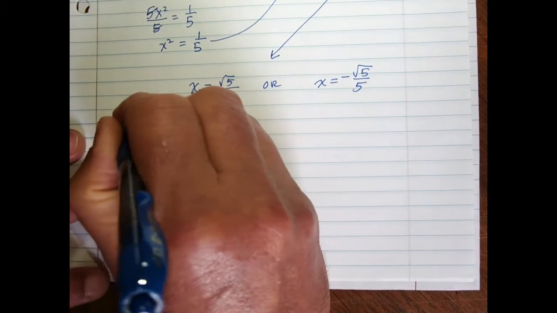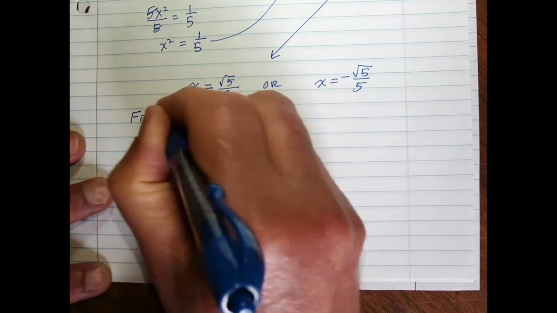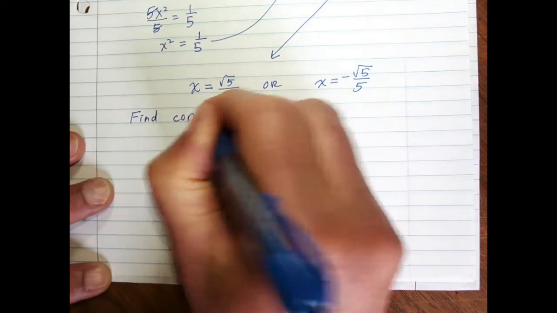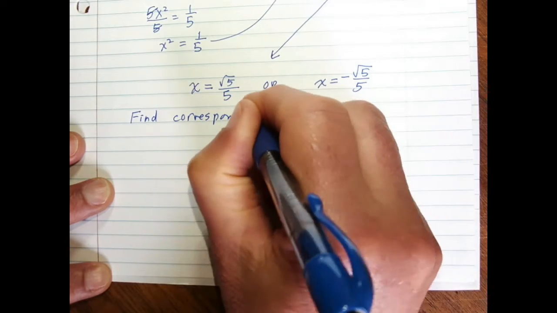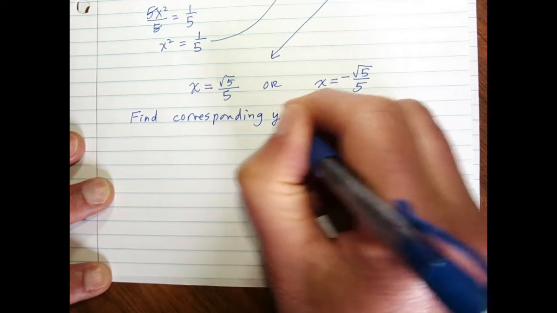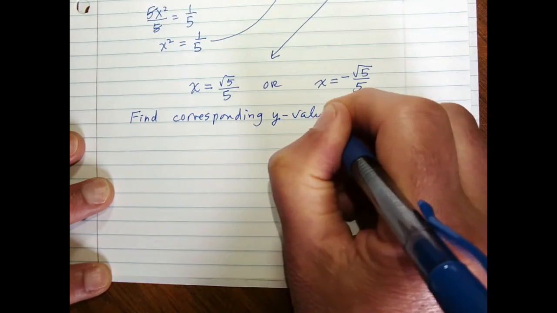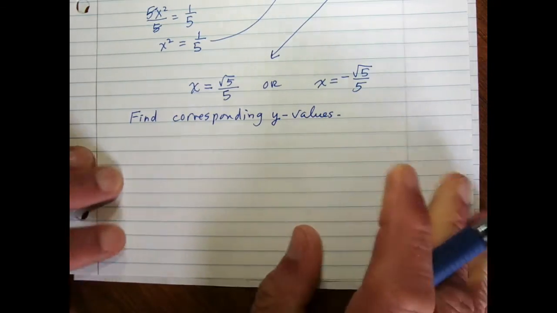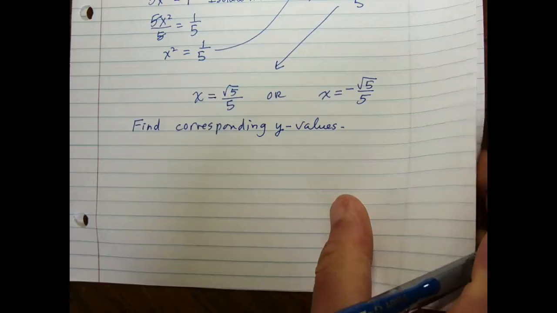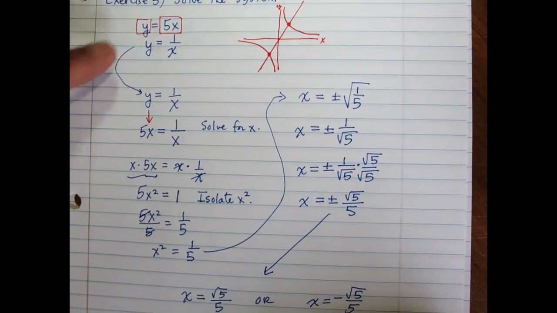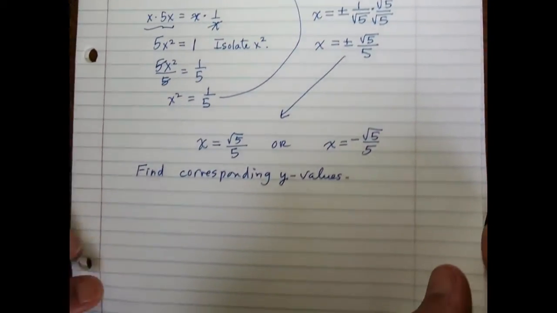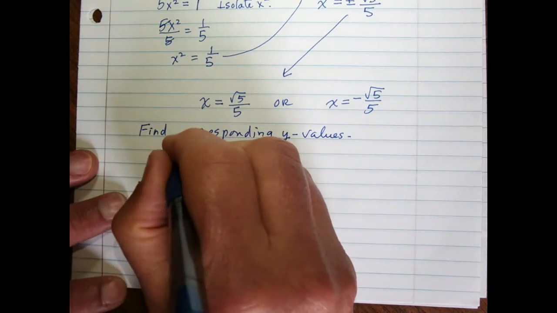And I have to find the corresponding y values. And so what I'm going to do is go back to one of my original equations. I guess y equals 5x is the easiest one to use.